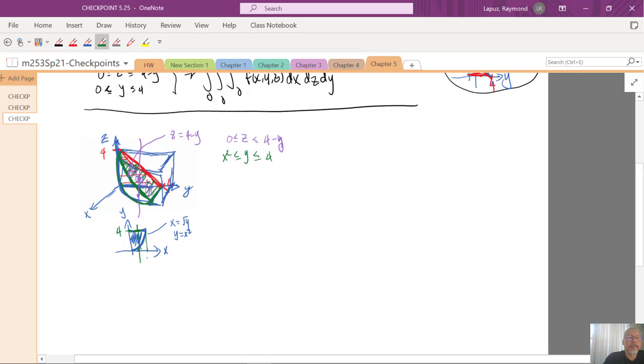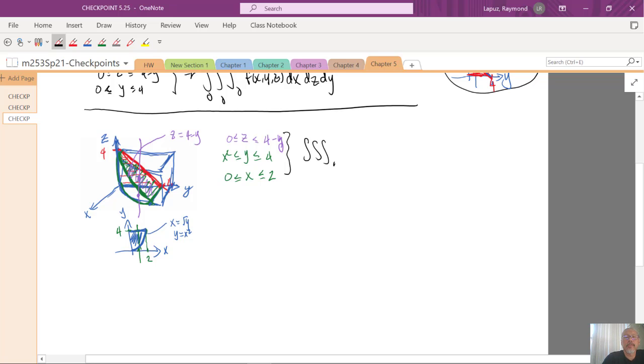And then we didn't really check on this, but this is going to be the intersection between y is equal to 4 and x is equal to square root of y, so that's x is equal to 2. So your x limits are going to go from 0 to 2. So there is our third version of the integral.